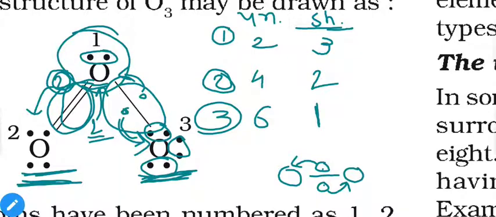These are the numbers of shared and unshared electrons in ozone. For the first oxygen we have 2 unshared and 3 shared. For the second oxygen, 4 unshared and 2 shared electrons. And for the third oxygen, 6 unshared electrons or 3 pairs, and 1 shared electron.